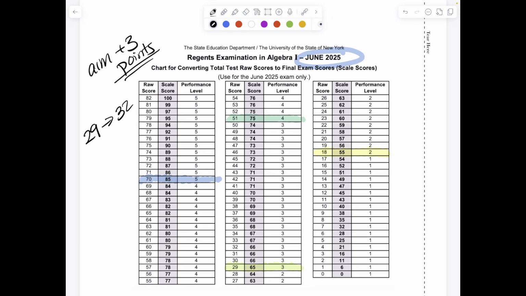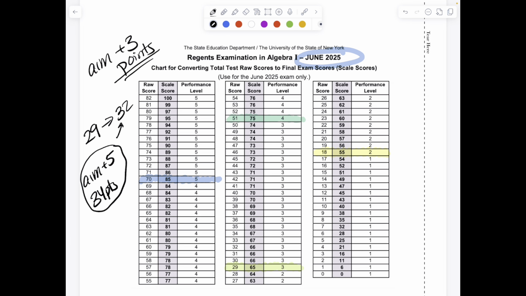Maybe I'm really aiming for 32 or 33 points, for a safer number. Or if you want to be very conservative, aim for plus 5, which would be 34 points. That's just if your goal is to get to a level 3.